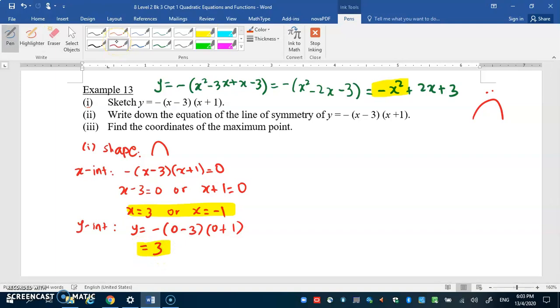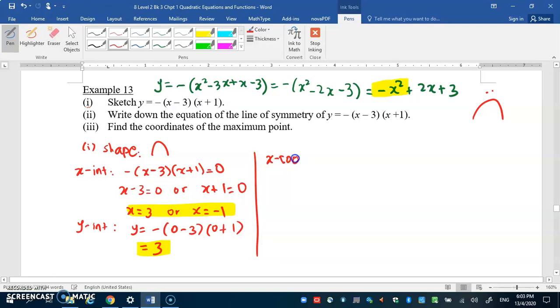Alright. Now, coming to the turning point. Okay. Remember what I do? The x-coordinate of the turning point will be (3 + -1) divided by 2, right? I take my two x-intercepts, add together, divide by 2 to find the midpoint. 2 divided by 2 is 1.